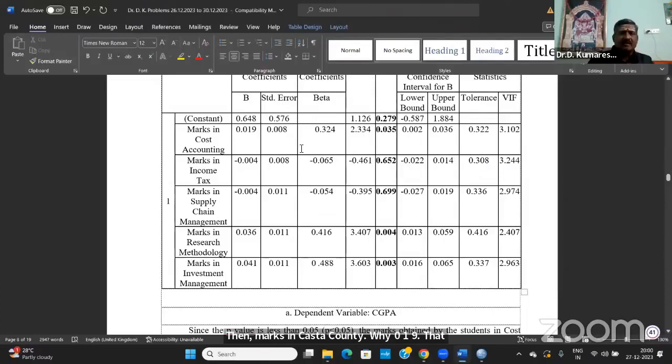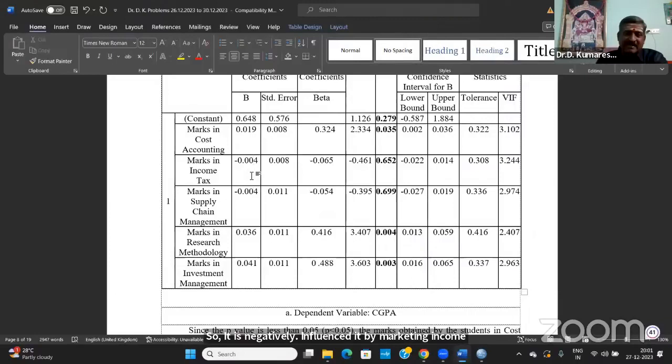That is B1. Then B2. Look at here, minus. So there is a negative influence. Maybe the influence may be positive or negative. So here it is negatively influenced by marks in income tax.